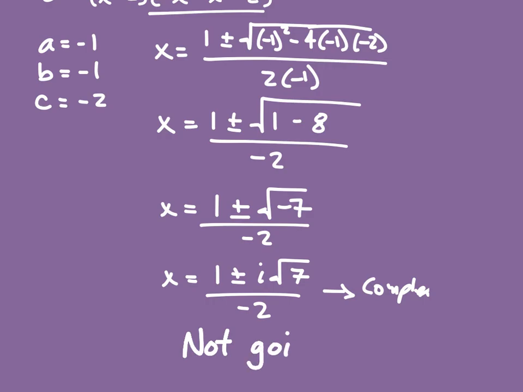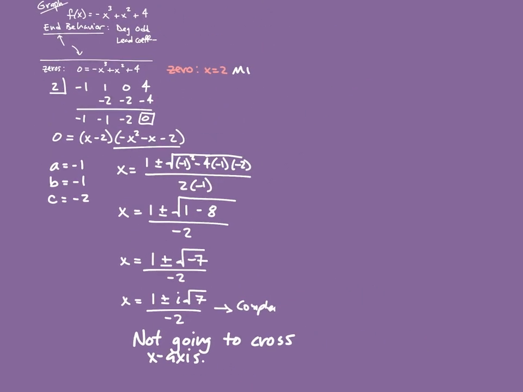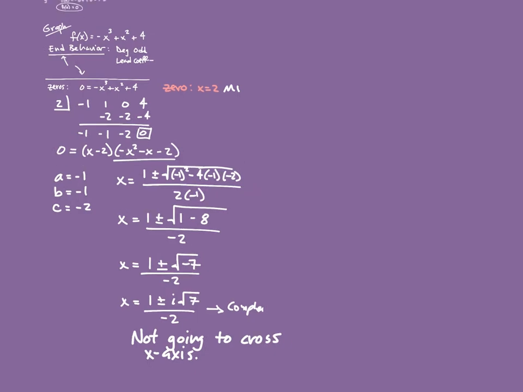Okay, and if you remember back to our graph, we only had one spot where we did cross the x-axis. All right, but it's important to go through this so that you understand that I end up finding all of the zeros, even if they're complex, that's fine. All right, my 0 is still x equals 2, and that's multiplicity 1.